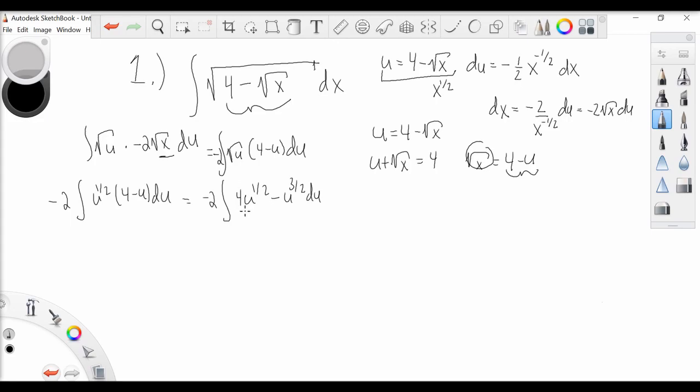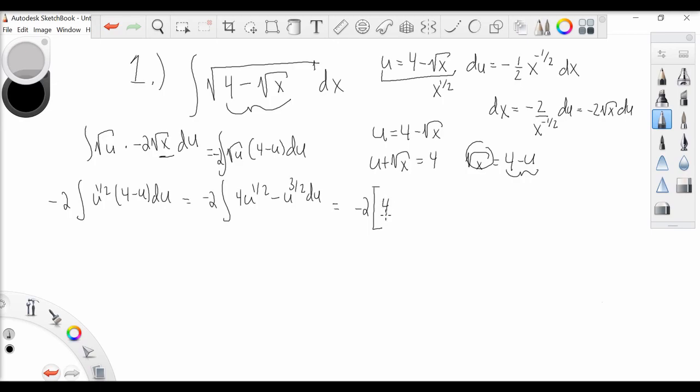Now integrating this integrand is as simple as using the reverse power rule. So we're going to bring out our minus 2, and then we're going to add 1 to 1/2 and then divide the coefficient. So adding 1 would give us 3/2.